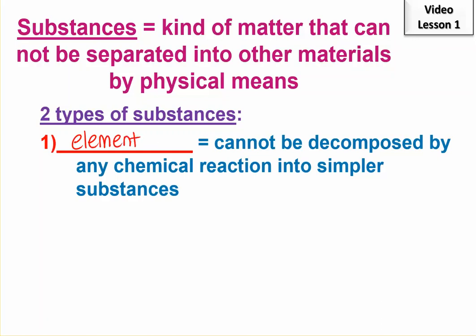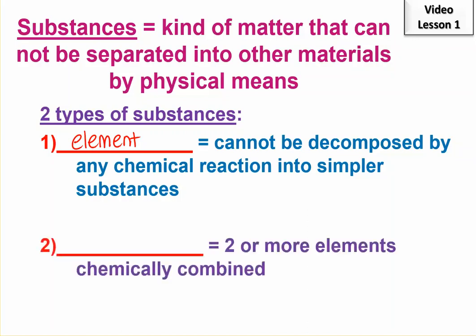An element cannot be broken down into a simpler substance by a chemical reaction or any other means, once you get into nuclear reactions, which we're not going to do yet. Okay, and then a compound has two or more elements that are chemically combined.